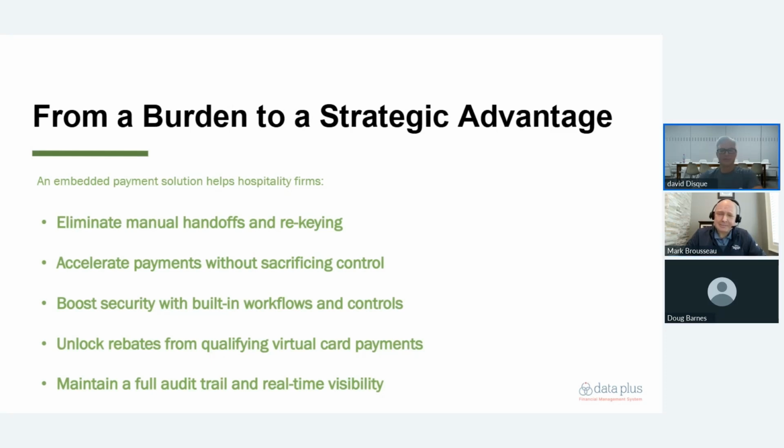There's a number of them. One is you never have to leave your work environment to process your payments securely. Two, all those internal controls, workflow, dual approval, payment threshold approval, still apply. Very unique. You get the automated reconciliation. And to your point, Mark, the cost savings is significant.